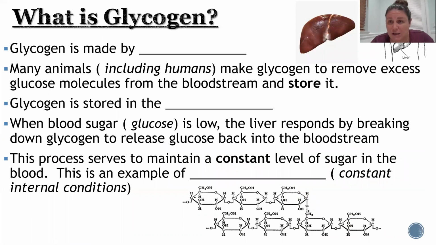Now, glycogen is another polysaccharide that is used to store all these extra sugars. But glycogen is something that's made by animals. And that, again, includes humans. Humans are animals. And we make glycogen, the same reason why plants make starch, as a way to store all those extra sugars.